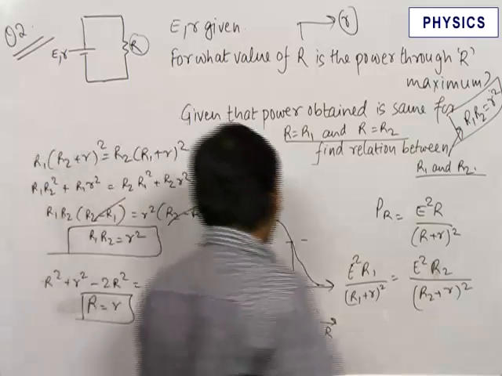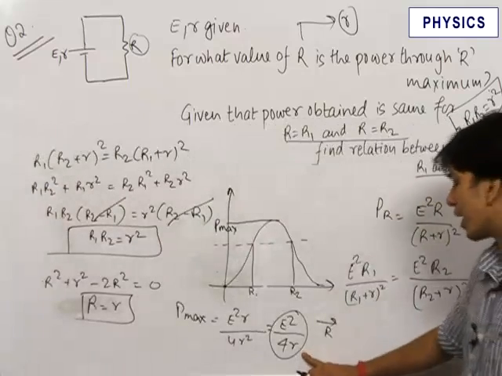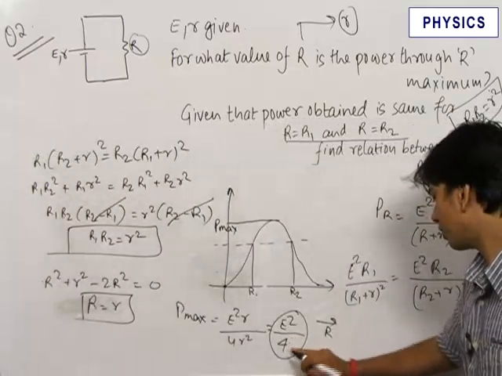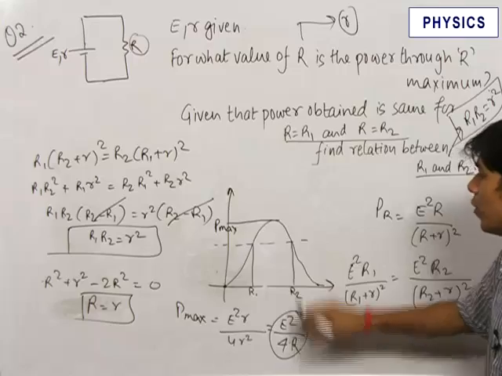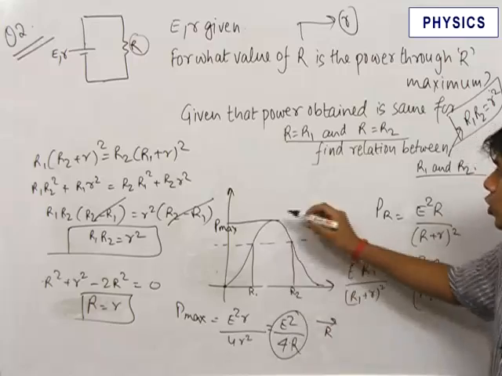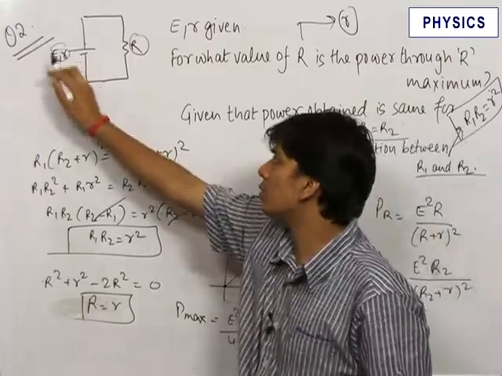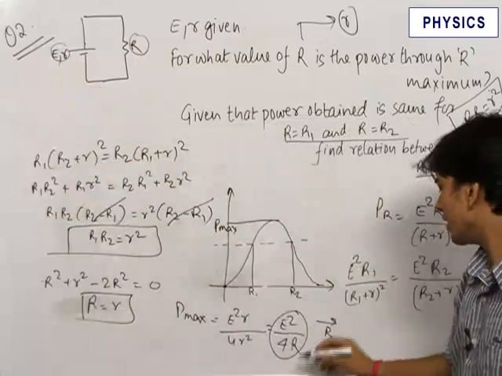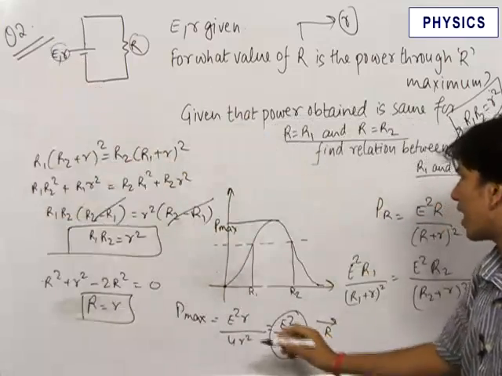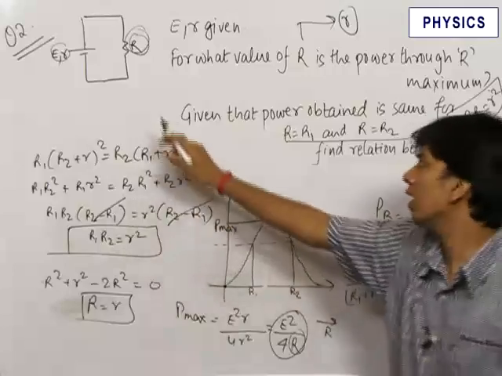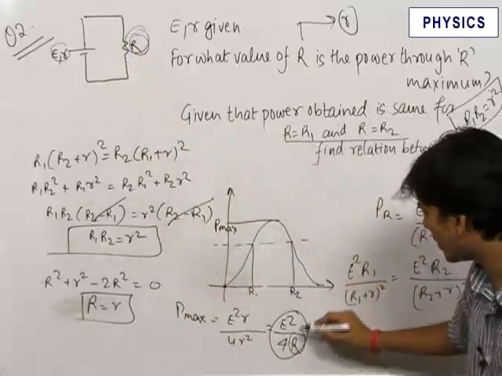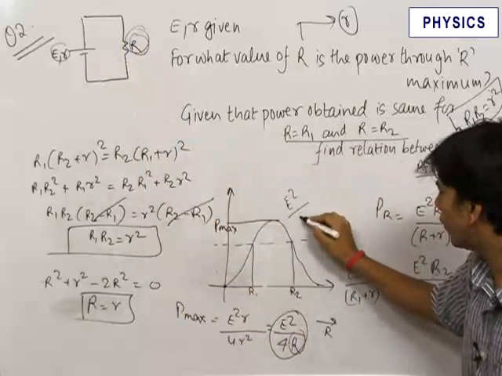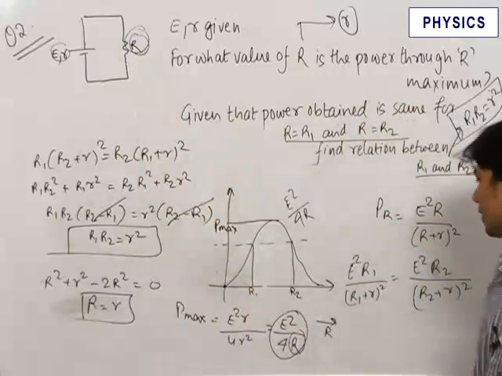So we get the answer as the maximum value of power that can be obtained through a battery of internal resistance small r and EMF E is equal to E square upon 4r, where r is the resistance attached to the circuit. So also remember this value of E square upon 4r, and thus we get all our final answers.